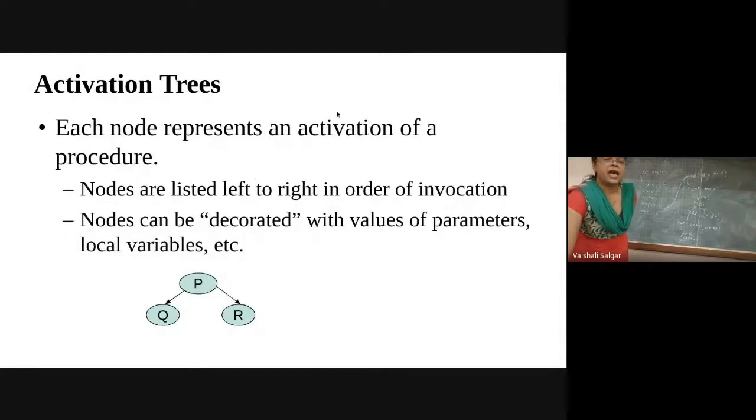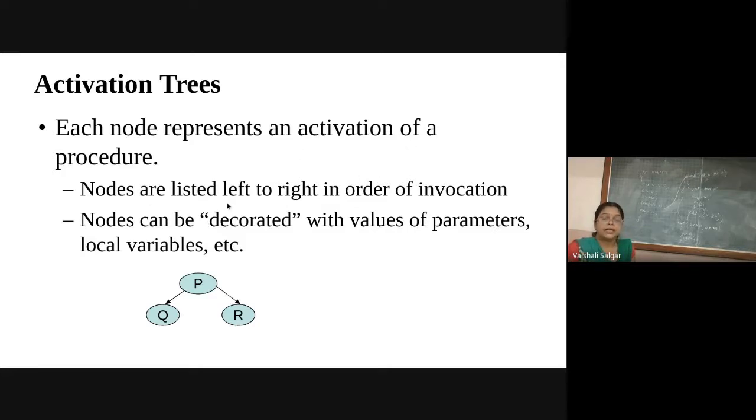Now next is the activation tree. What is an activation tree? How the procedures are getting activated is represented using a tree. Each node in the activation tree represents the activation of a procedure or a function.